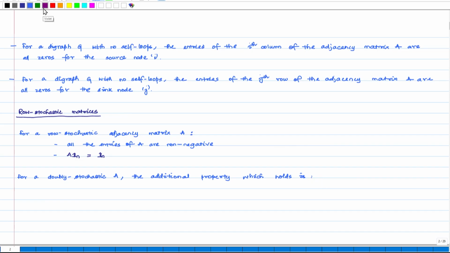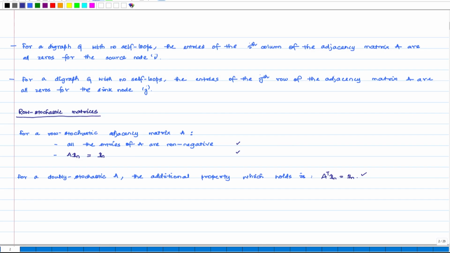The additional property which holds in this case is that the column sums also add up to 1, meaning A transpose 1n is also equal to 1. So, 3 properties hold for a doubly stochastic matrix: this, this, and this.